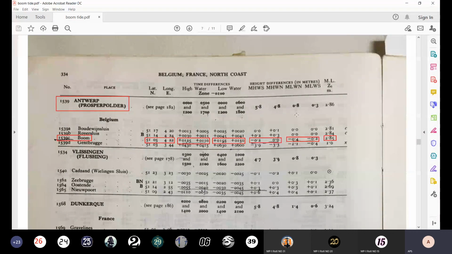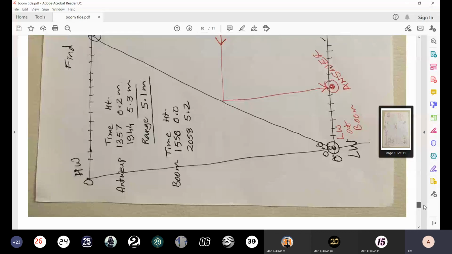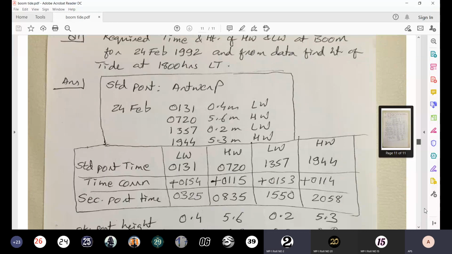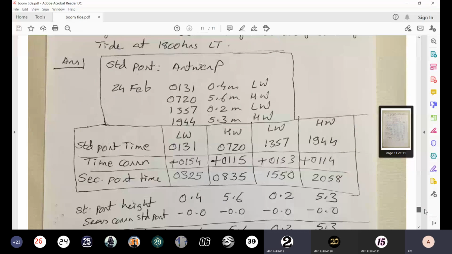So we have to see for our first high water. So first high water, how much have we got? First is low water, no? Yes. How much is the value of that low water? Minus 0.24. So minus 0.24, write down whatever you are getting.